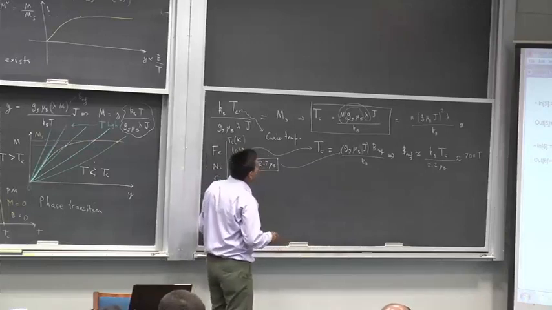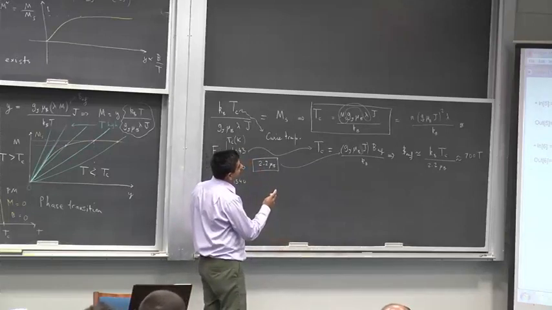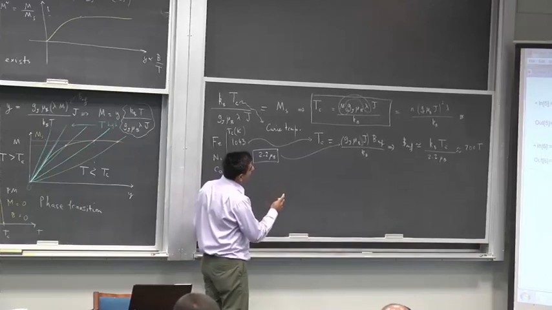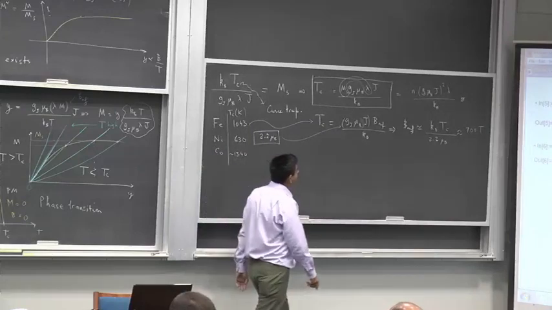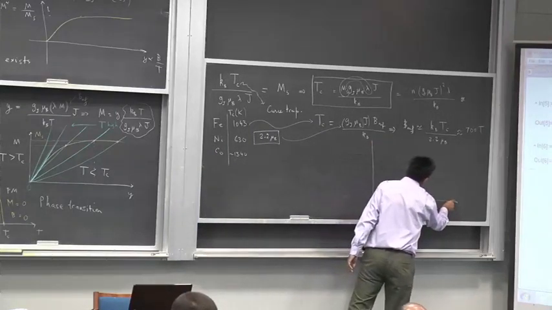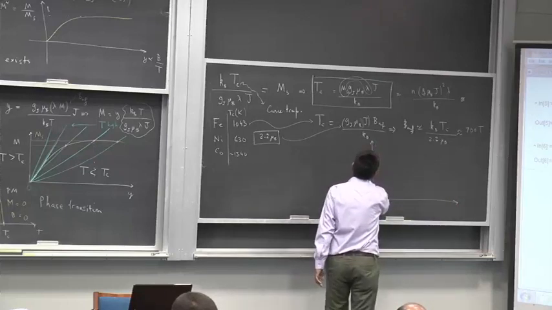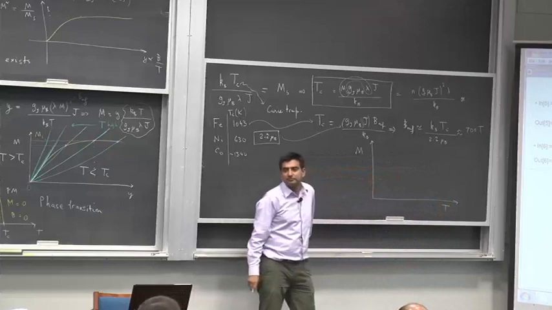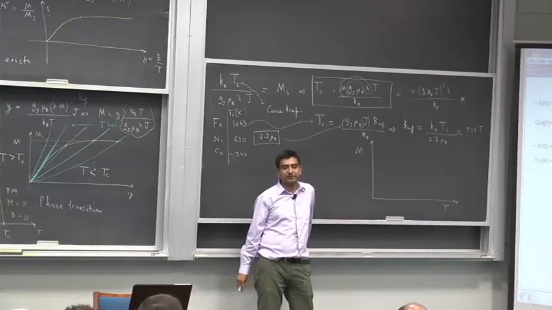So we would now like, okay, before that, what I'm interested in doing is, I would like to make a plot between the magnetization and the temperature in the absence of a magnetic field. So remember, I have not yet switched on a magnetic field.